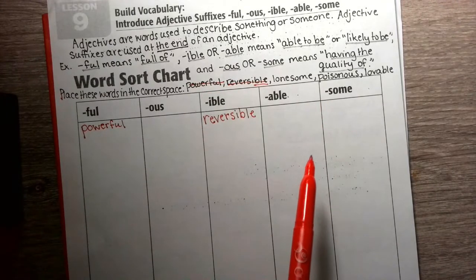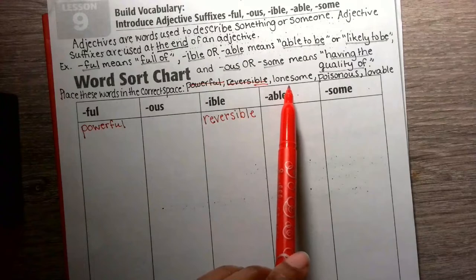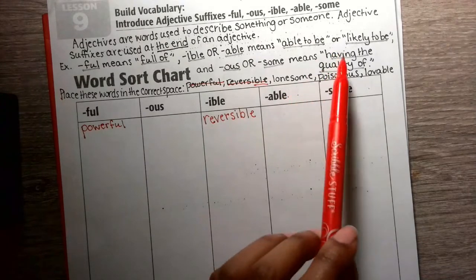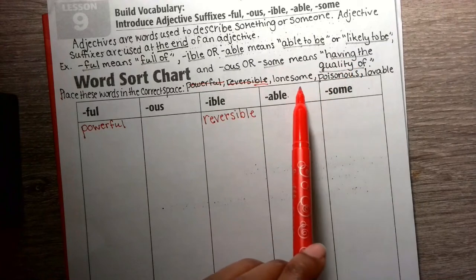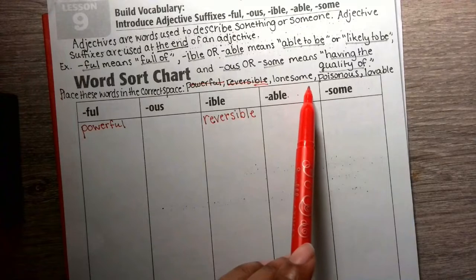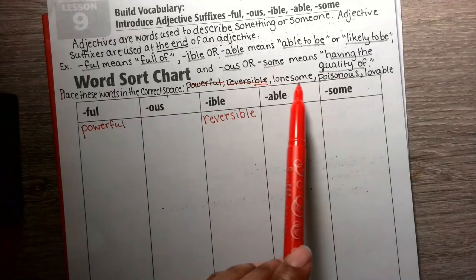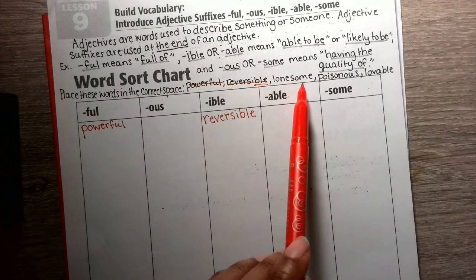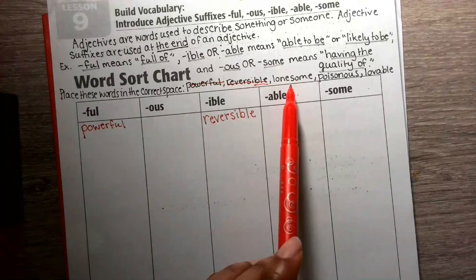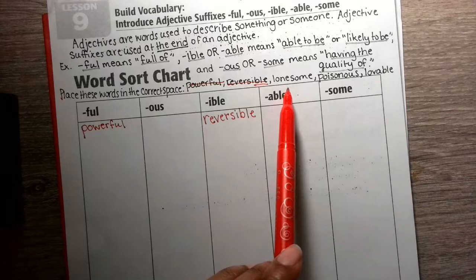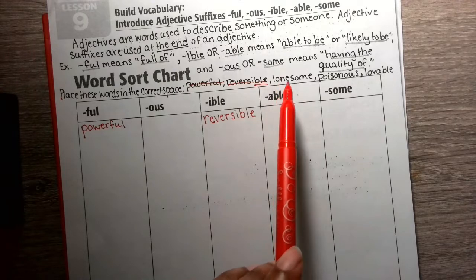Let's go through our last words here. We have lonesome. So that means having the quality of. So lonesome has the quality of being alone or lonely. So lonesome refers to something that is alone or lonely.